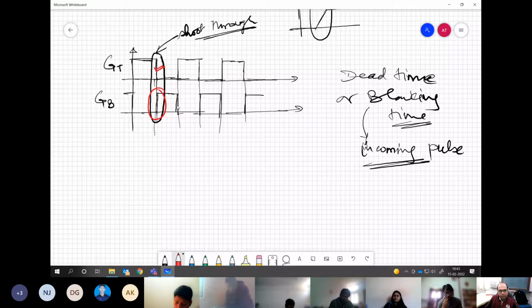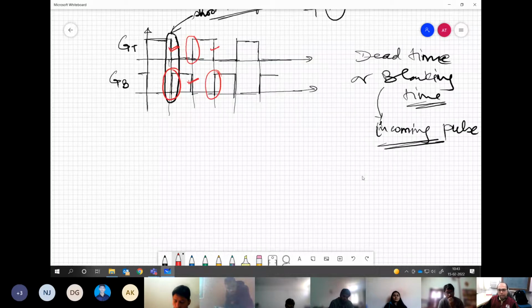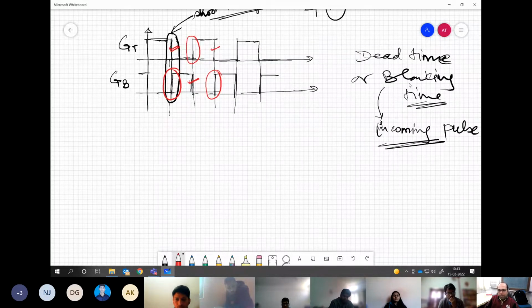Similarly, here we will not disturb this. This is okay, but we will modify this. Then again, we will not disturb this. This is fine. We will modify this. So we will delay the incoming pulse by a certain time, let's say TD, which actually depends on the device, how fast it is turning on. So we can have a lower value of TD.